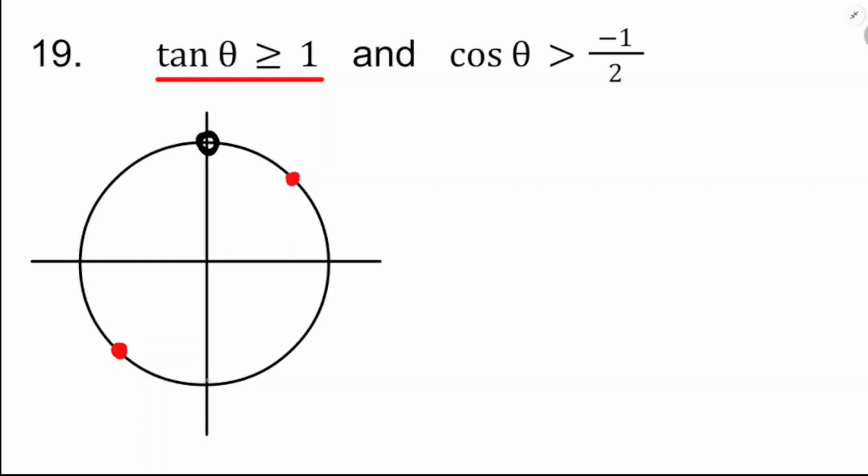So what's happening is, I don't know if I've talked about this in my class. As theta approaches pi over 2, so maybe think about that red dot going up the circle, the y-coordinate is approaching 1, and the x-coordinate is approaching 0. So tangent is approaching 1 over 0.